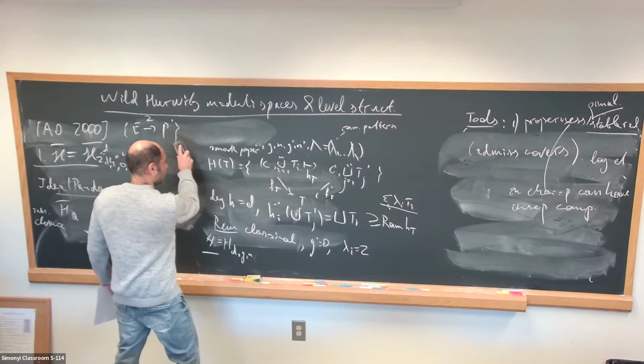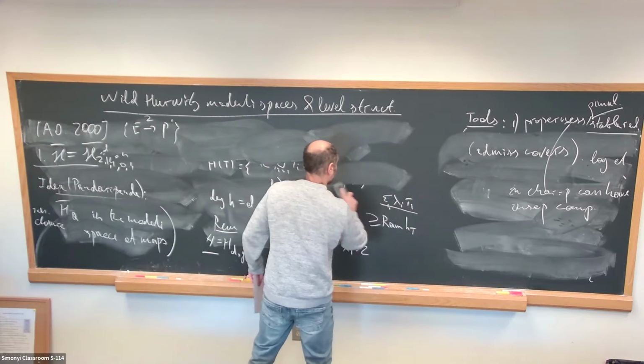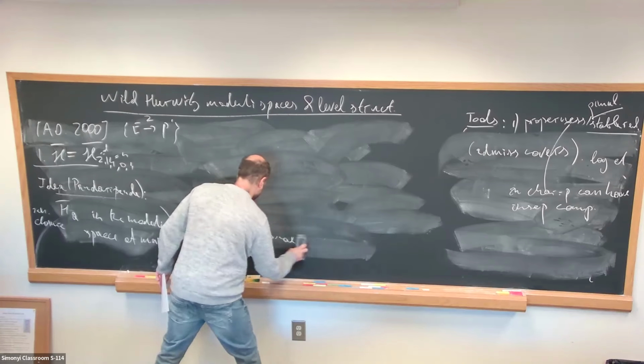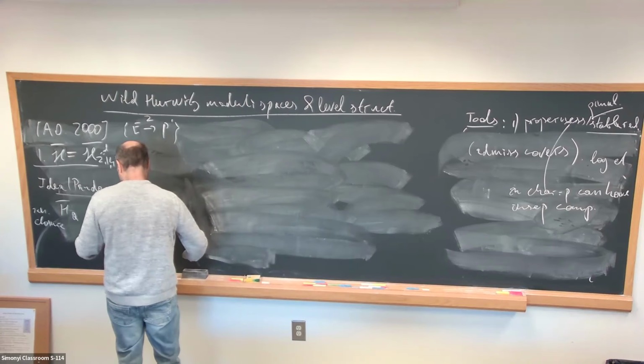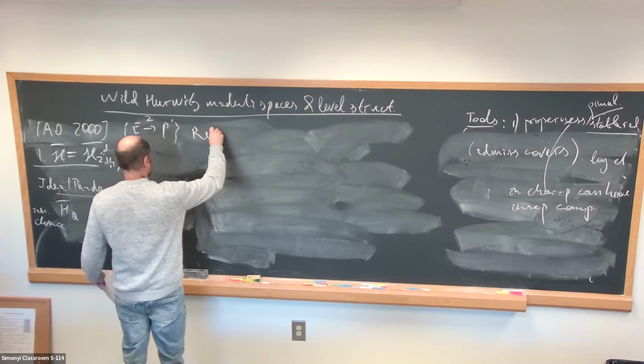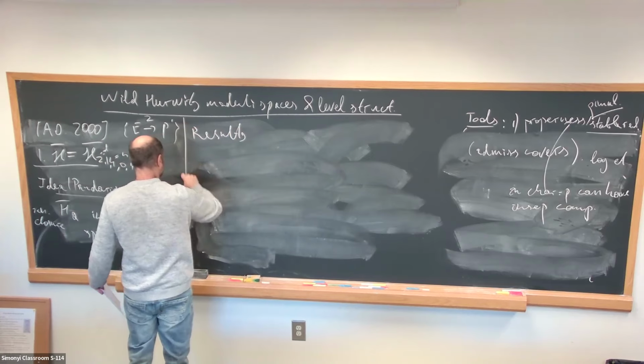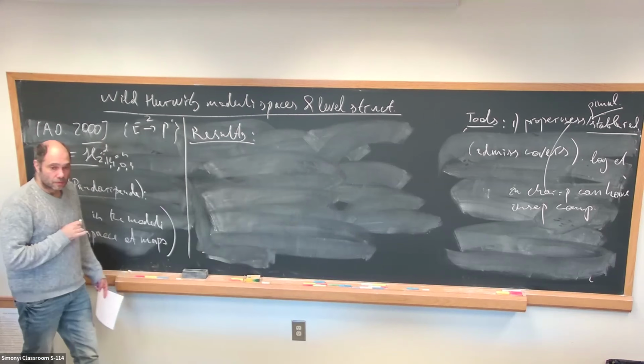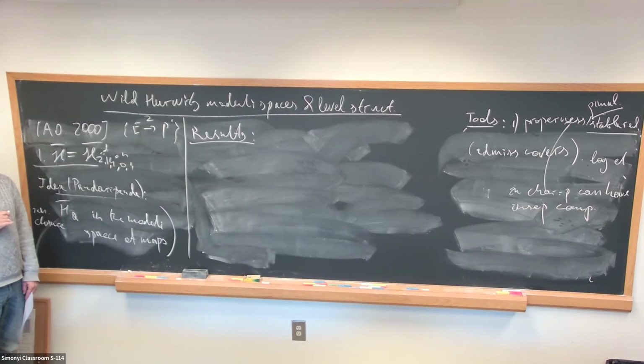Now I'll just write down what we got. It will be a first series of pictures. So, results. Sorry, so this is like the space of stable maps to a stack. Is that what you have in mind here? Yes, stable.